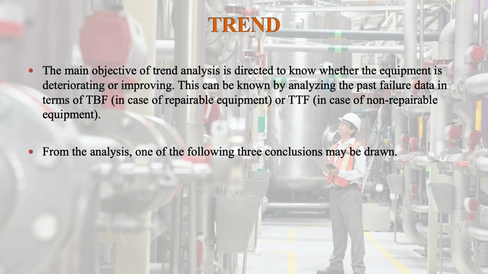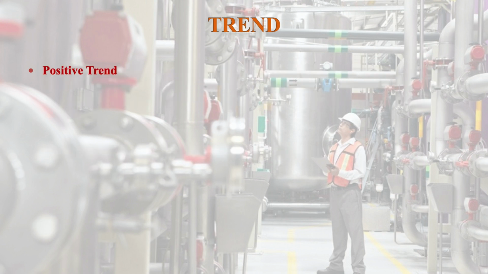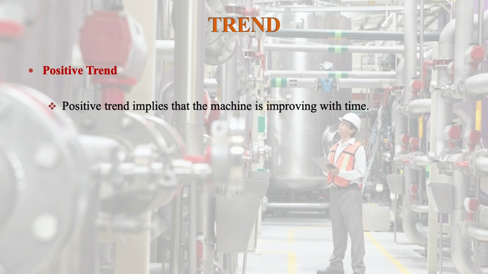From the analysis, one of the following three conclusions may be drawn. Positive trend: if it is a positive trend, what will be the policy? A positive trend implies that the machine is improving with time. Once we are using it, its efficiency is increasing. That is the positive trend.